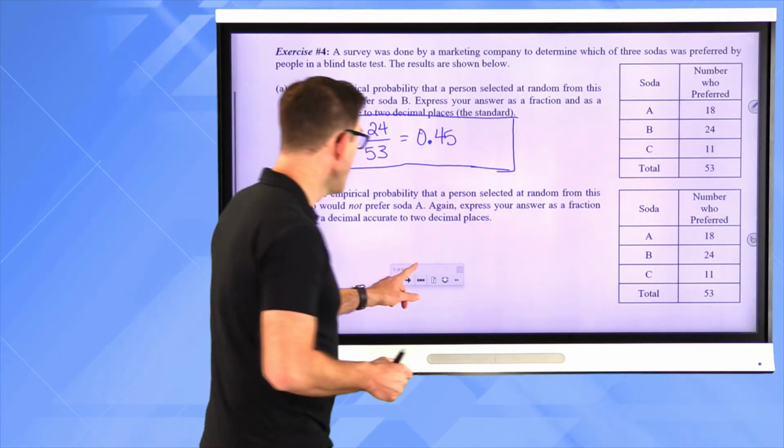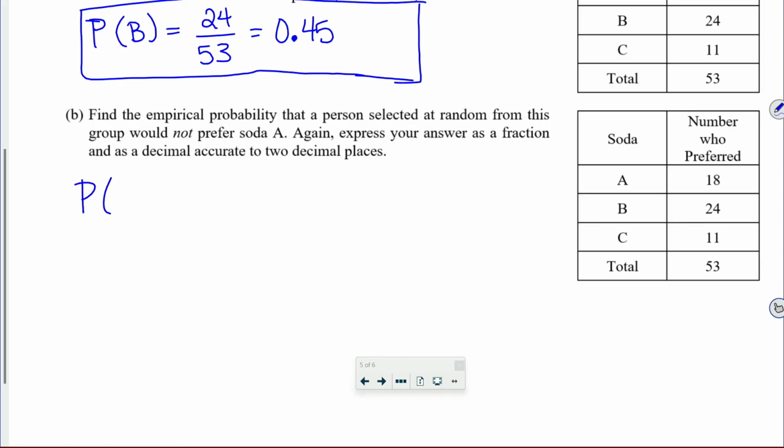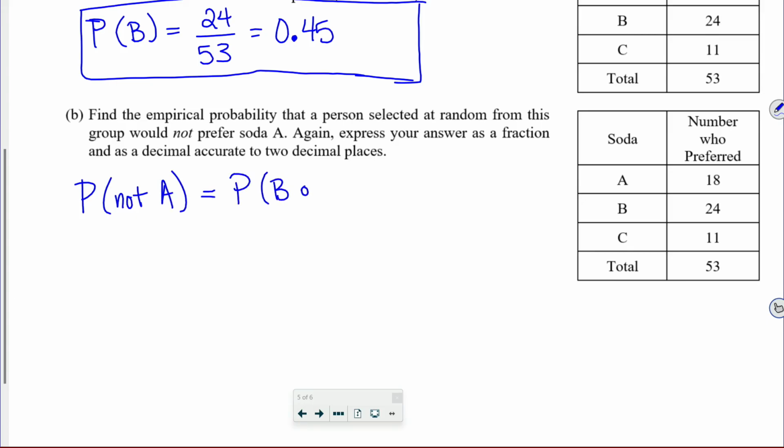Well, a lot of times, we're going to write these things in terms of function notation, right? We want the probability of not A, which really means we want the probability of B or C. So all I need to do now is add the number of people that liked B and C together, divided by 53.